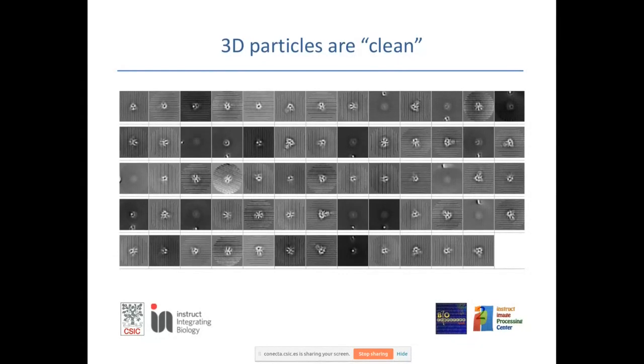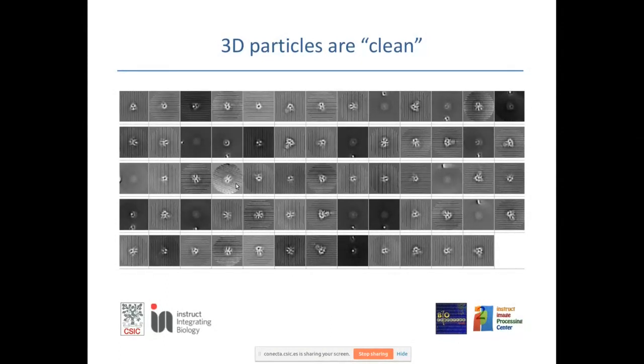And again, this is an idea that has appeared a few times. If these patterns do not disturb the 3D angular alignment, then, for instance, all these particles have this pattern of the aperture.